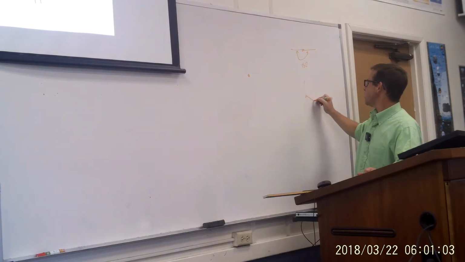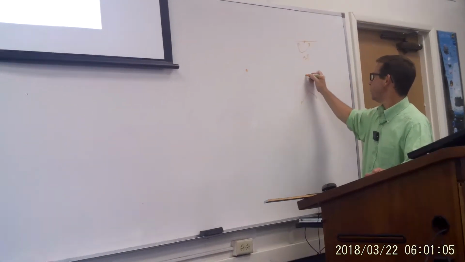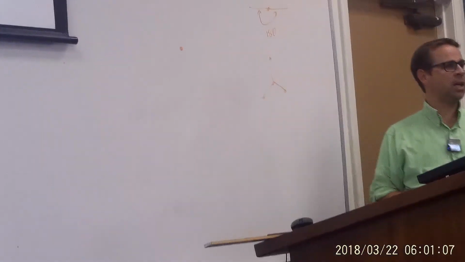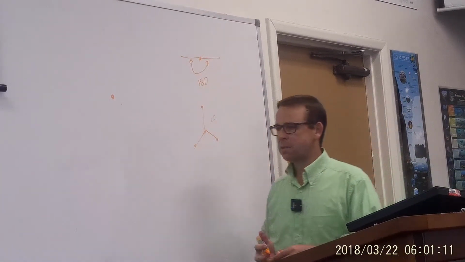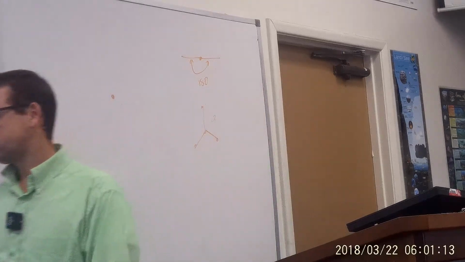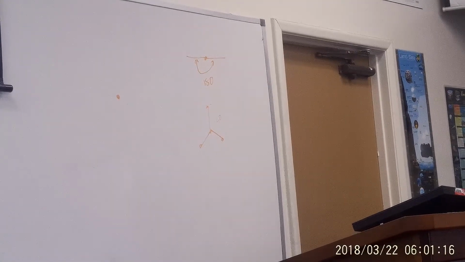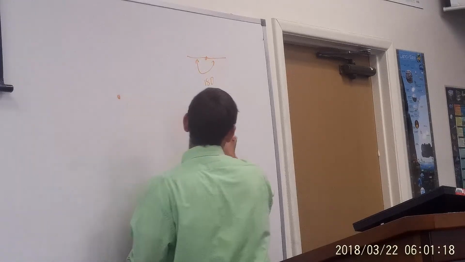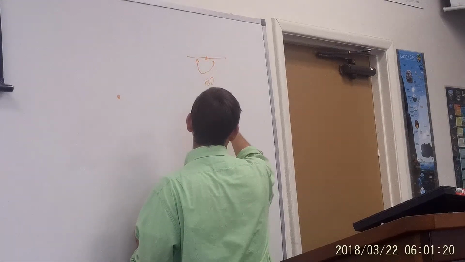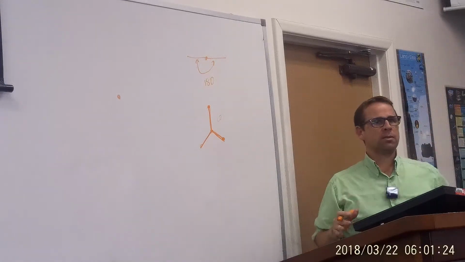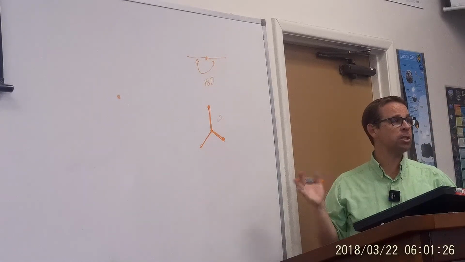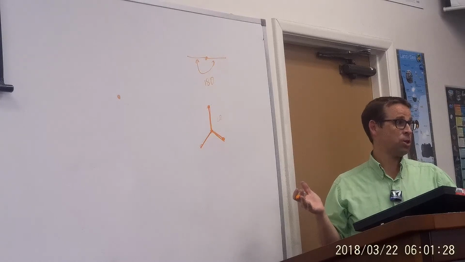If there's 3 regions, what's the angle? That's the easy thing, right? 120. What would that shape be? We talked about it once. And you can usually guess these based on their shape.